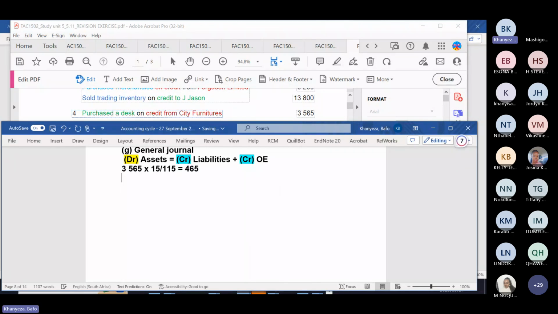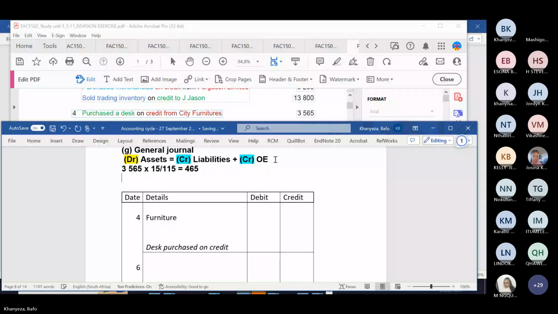The net of VAT is 3,565 minus 465, which is 3,100. Our furniture is going to be based on the net of VAT, 3,100. If you've got a question, you can drop it, but if you don't, we will continue.